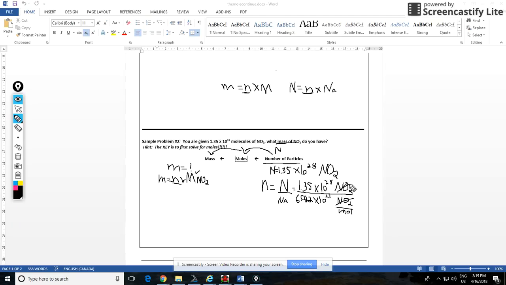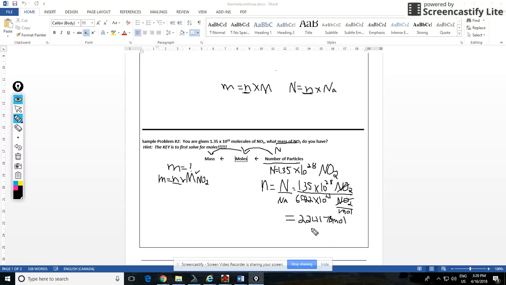You can cross out NO2 and NO2, plug those numbers into your calculator, 1.35 times 10 to the power of 28 in brackets, divided by 6.022 times 10 to the power of 23 in brackets, and you get 22,417.8 moles.